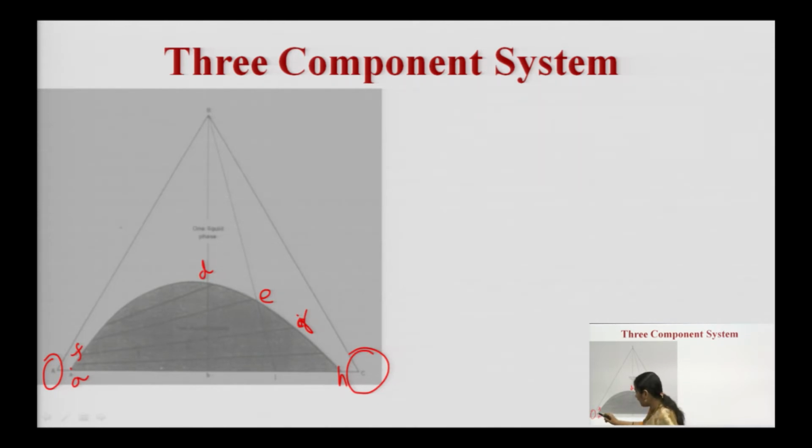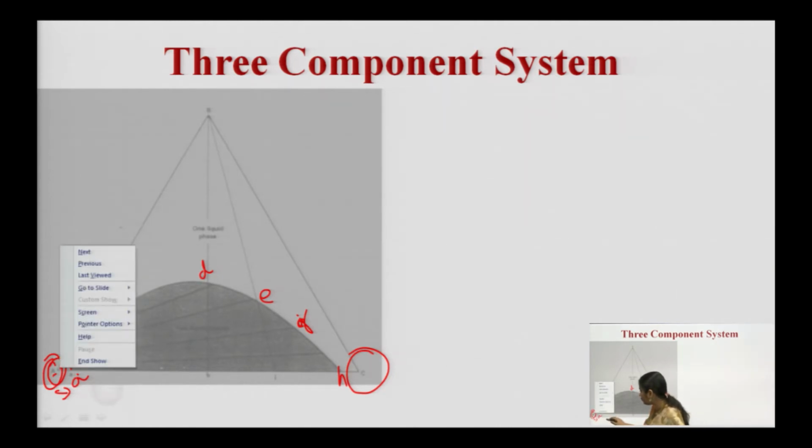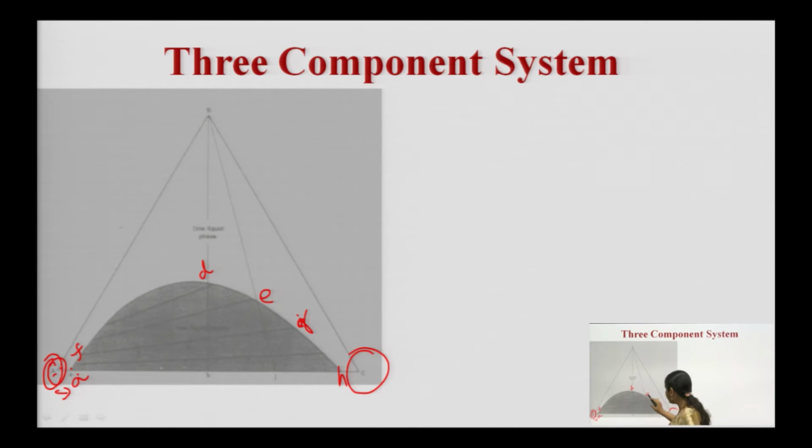Till this small a, A and C are miscible with each other. Here A is present 100% and C is 0, and as we move towards this small a, with just a small increment of C, from the origin to this point they are miscible, and then again they are immiscible, and again from H to C they are miscible over a very small range.